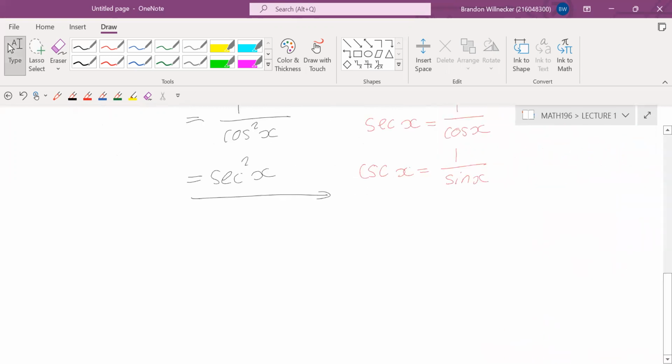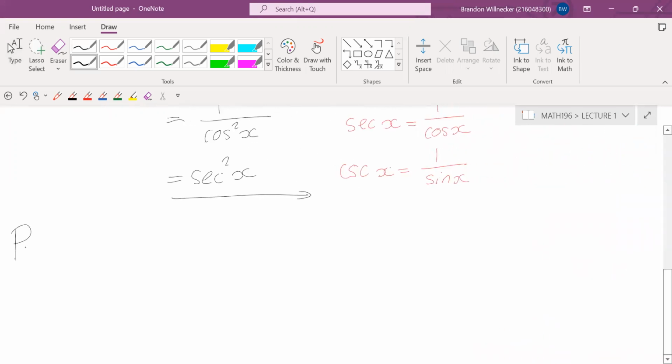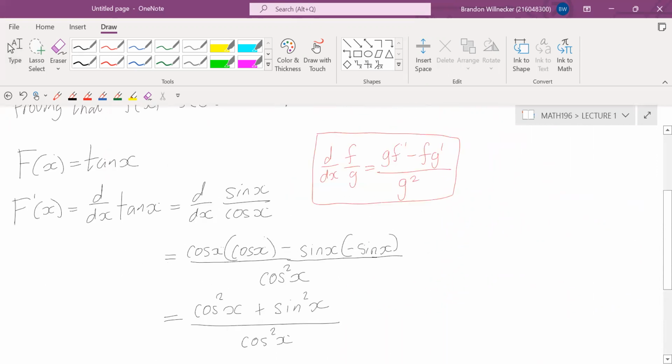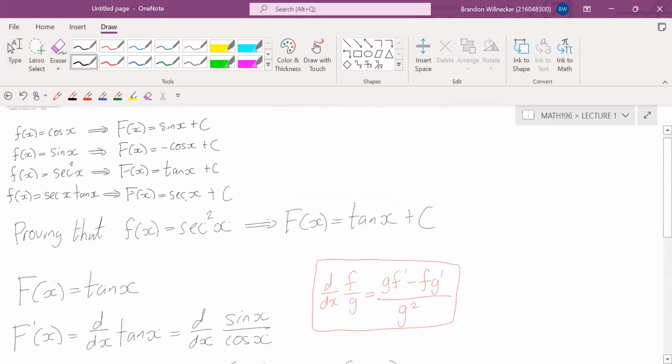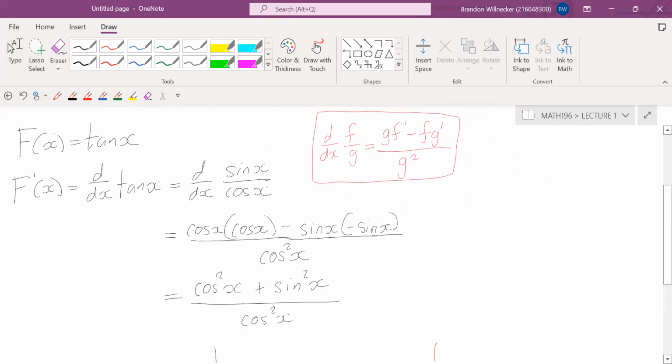So let's do that over here. Proving that if f of x is equal to sec x tan x, then capital F of x, the antiderivative, if we take a look here, is going to be sec x.